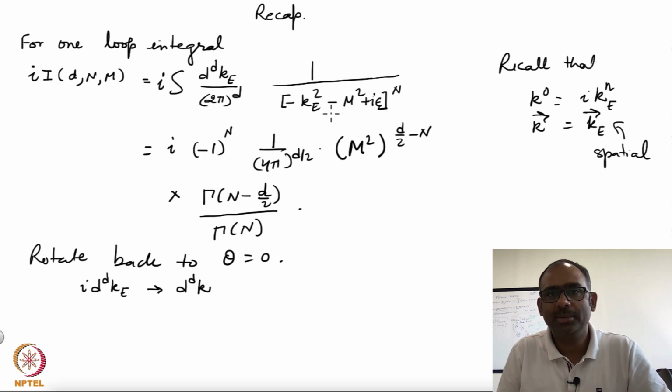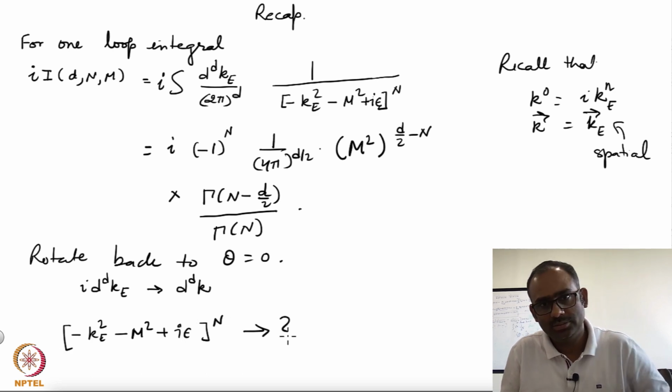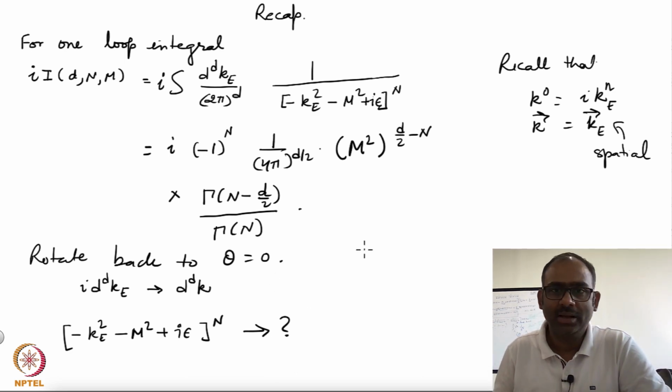What happens to the denominator here in the integrand? So, minus k_E square minus m square plus i epsilon, okay, power n, that goes to what? That is what we should determine, and that is easy.